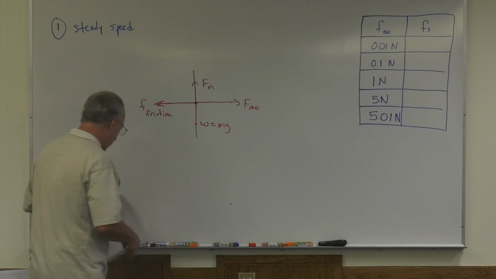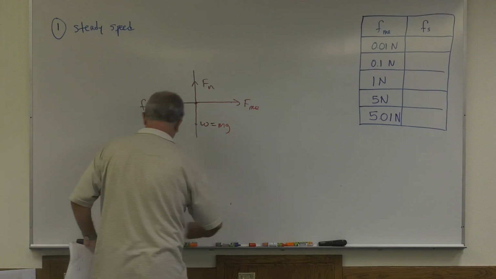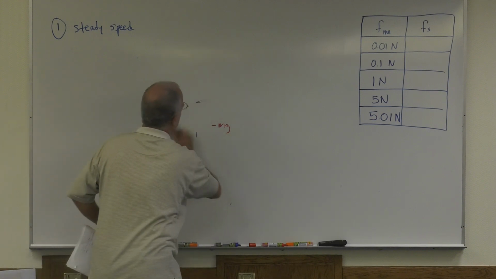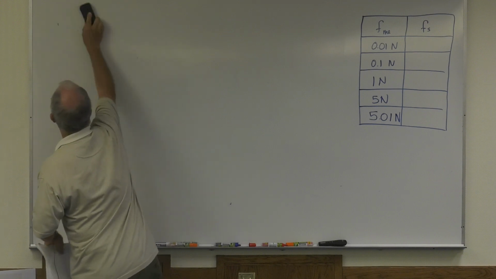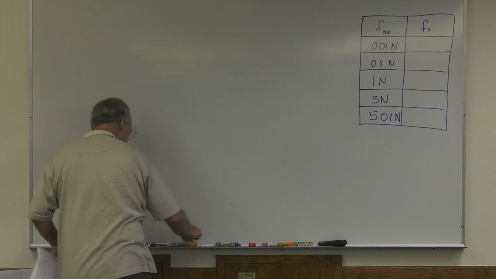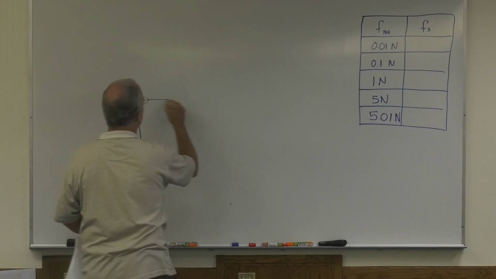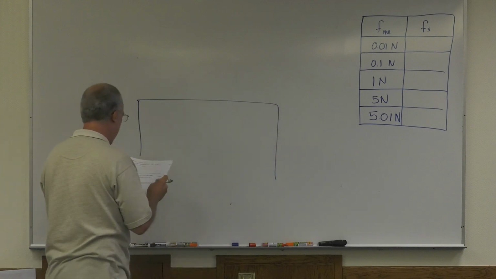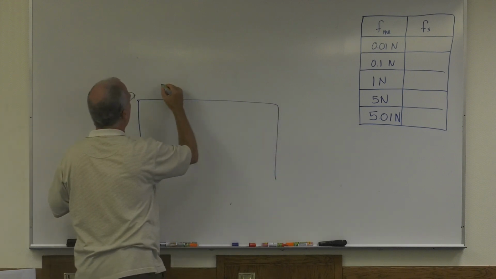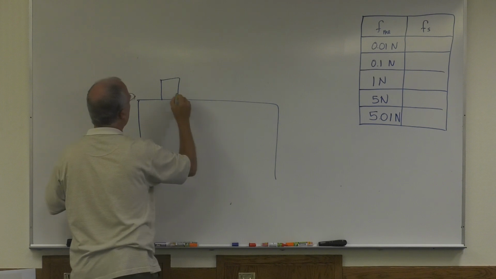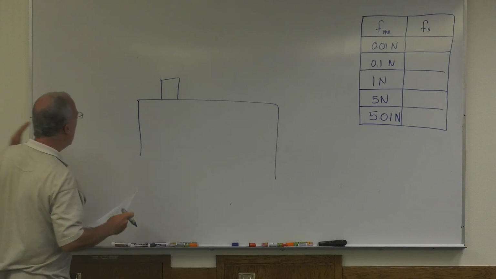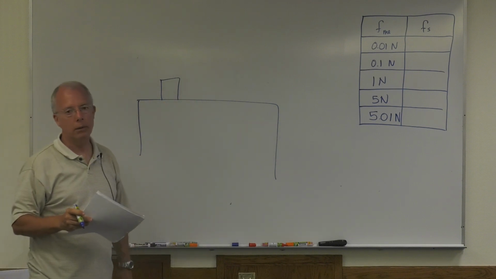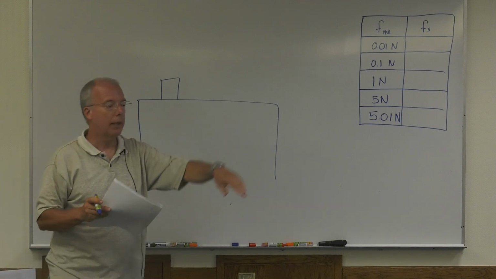Now what I want to do is this. Here's the table, and here's the box. I'm going to push it and then let go. So I give it a push and then I let go.